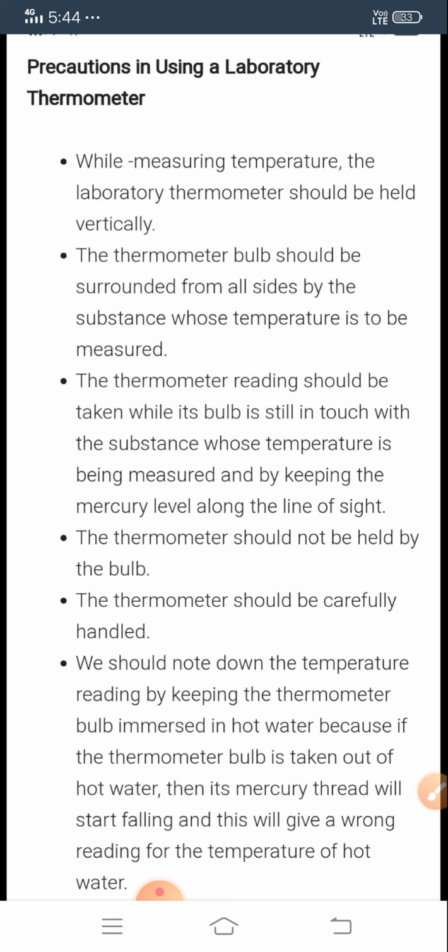That's why you have to take a reading keeping the thermometer bulb immersed in the hot water. Okay, is it clear about the precautions of using a laboratory thermometer?